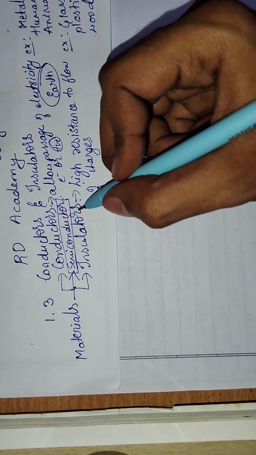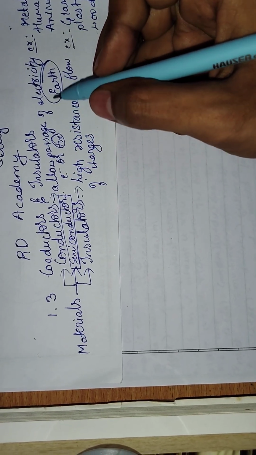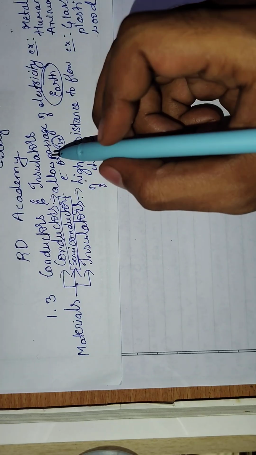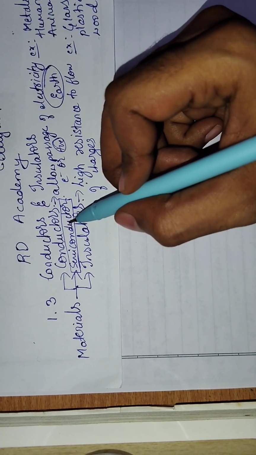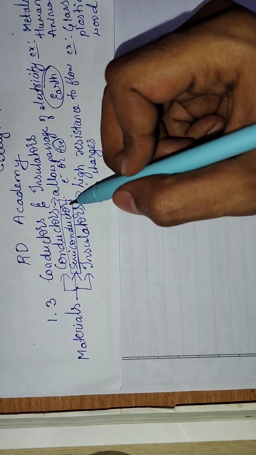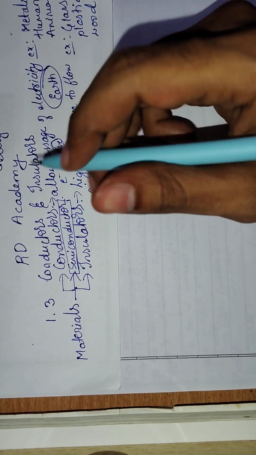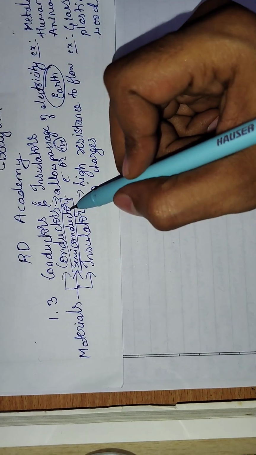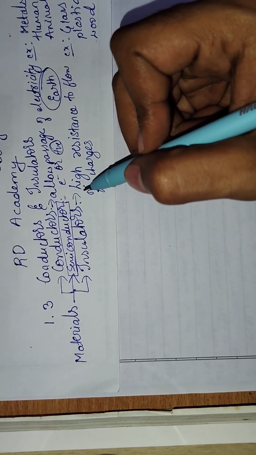It is somewhere in between. It will allow some electricity to pass through it, provided some conditions are achieved. Those conditions that you need for a semiconductor to pass current or charges through it, we will learn in detail in chapter 14. That entire chapter is dedicated to learning about these types of materials.